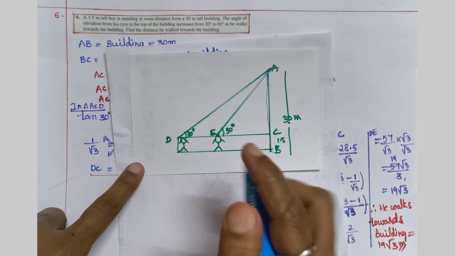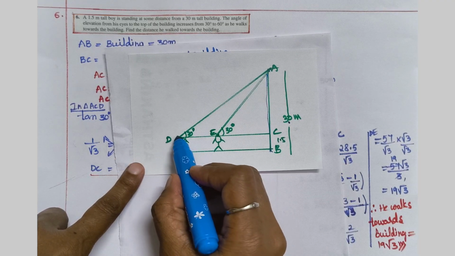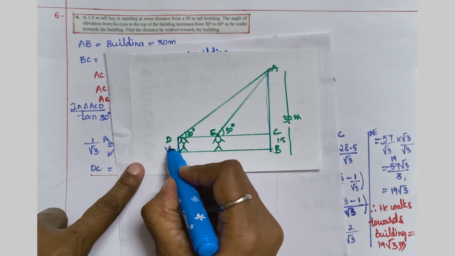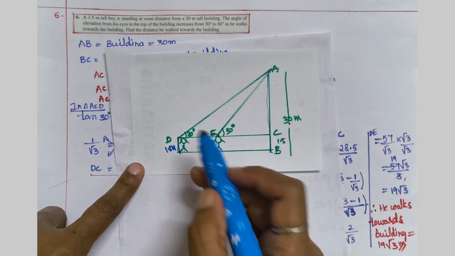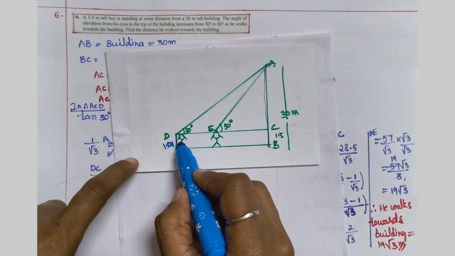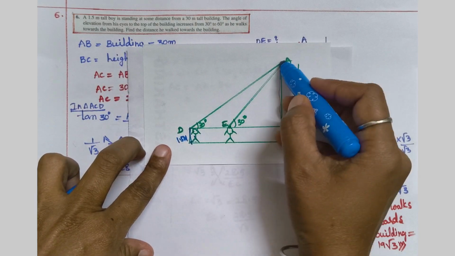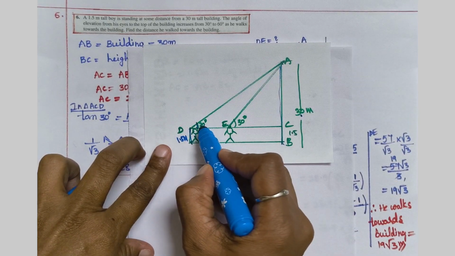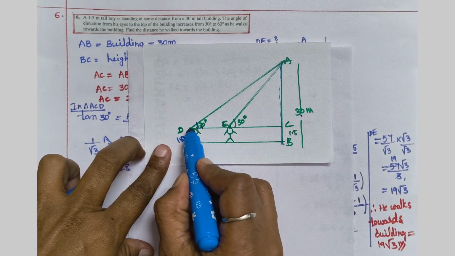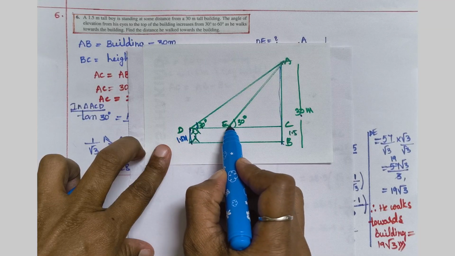Next, here one boy is there. This boy's height is 1.5 meter. Next, this boy's angle of elevation, starting, how much degree is there? 30 degrees. Next, he is walking towards the building.